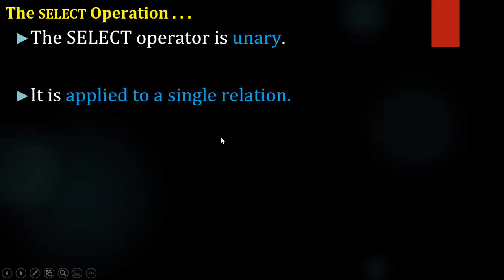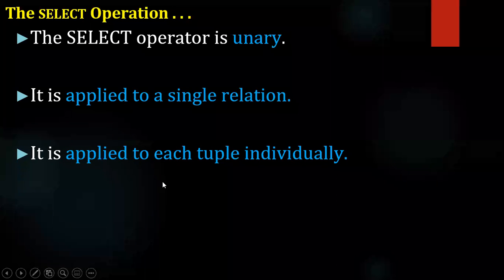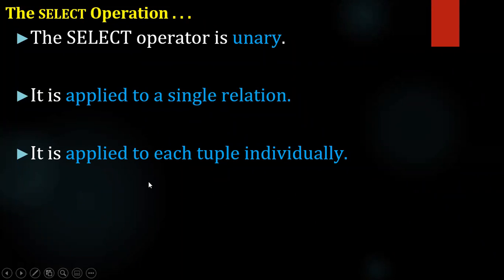Now the select operation, as we know, is a unary operator because it works on a single relation. It should be applied on a single relation, and this select operator will be applied to each tuple of a relation individually. It will check the condition row by row.